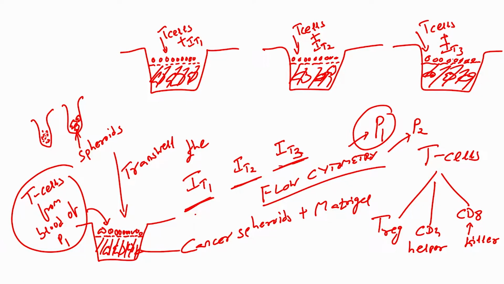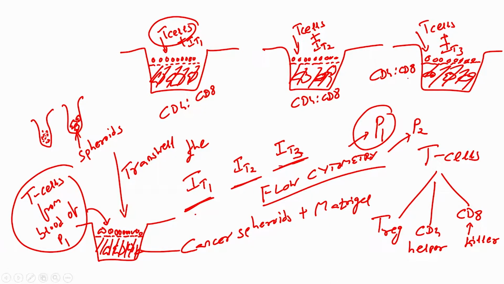Okay. Now, after 48 hours, when I take out T cells from here and I measure the CD4 CD8 concentration and then plot it in a ratio, same thing I will do for here and same thing I will do for here.